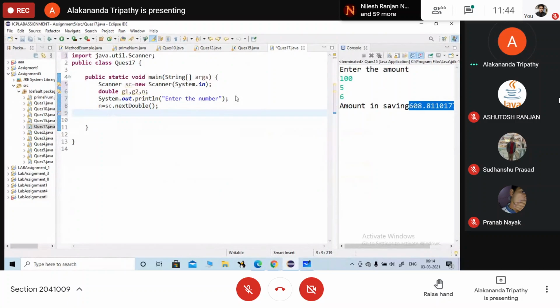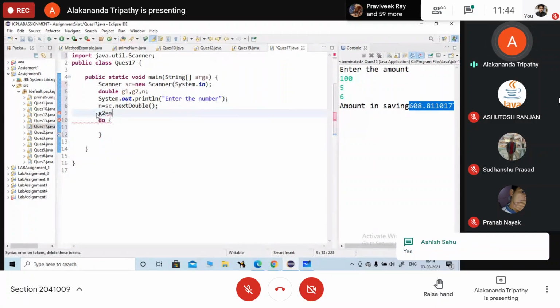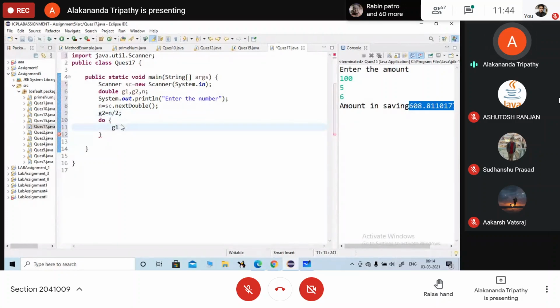Then do: G2 equals N divided by 2. G1 equals G2.